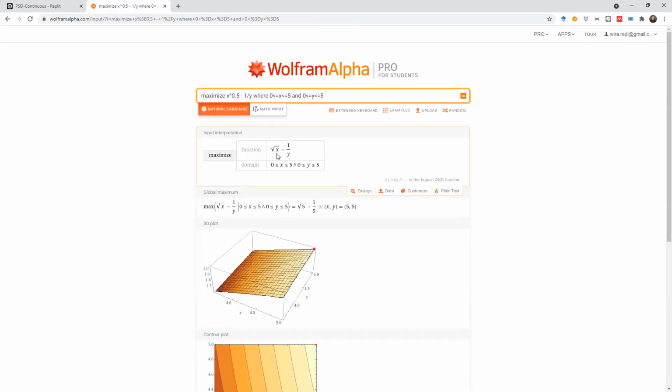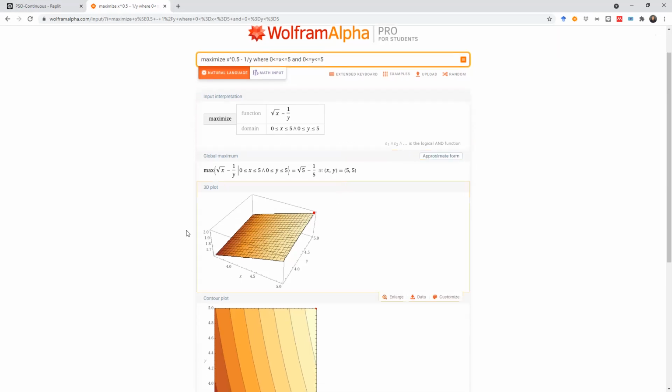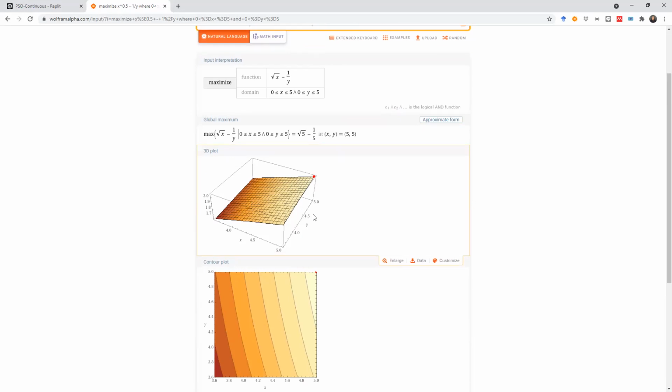Power 0.5 is equal to square root, right? Square root of x minus 1 divided by y, where x should be greater than or equal to 0 but less than or equal to 5, and it's the same for y. That's the domain. If you can see here, this is the illustration.